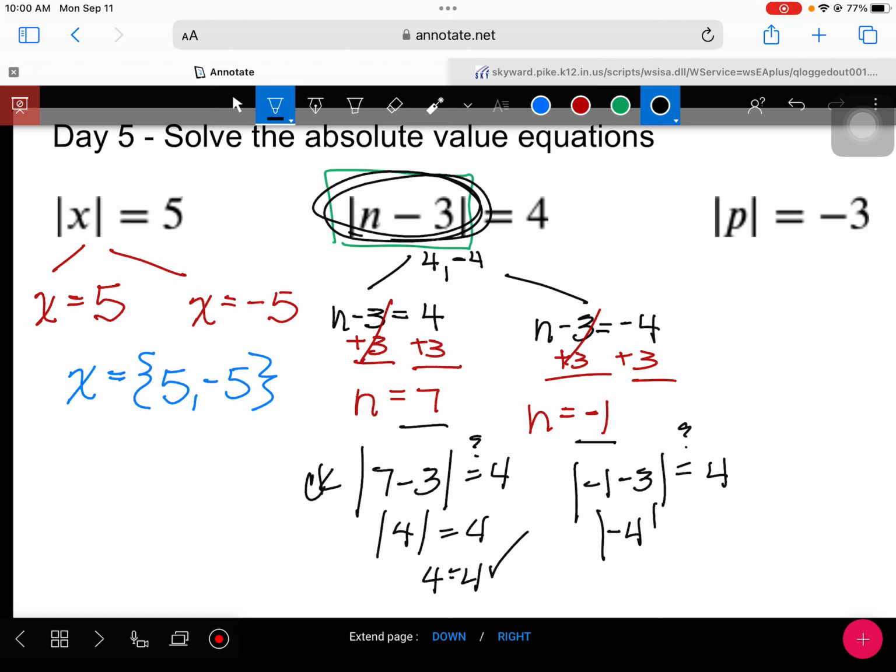And the absolute value of -4, how far away is -4 from 0? It is 4. So 4 is equal to 4. So my answer here, I wanted that in blue: n is equal to, in braces, 7 and -1.